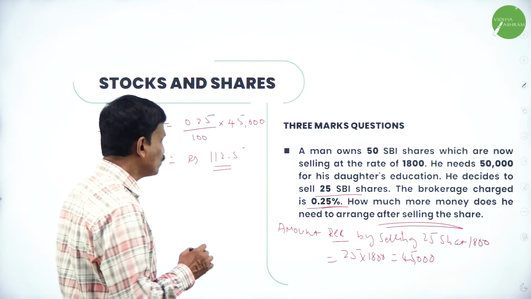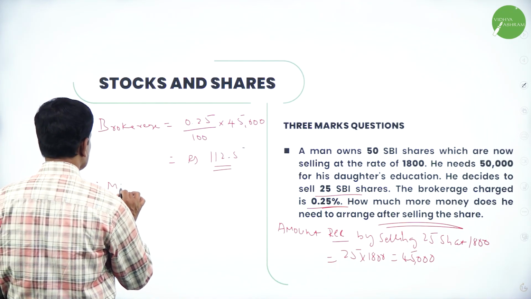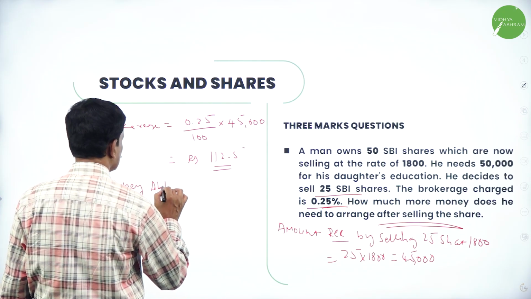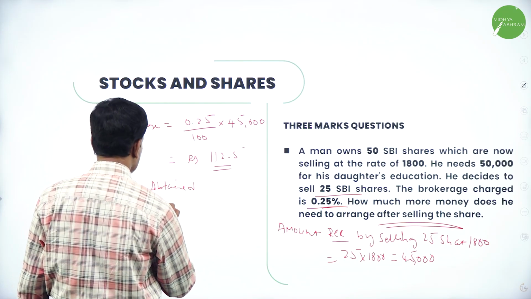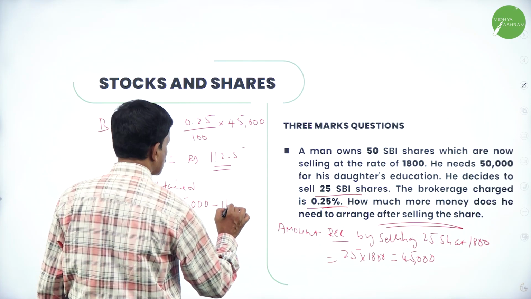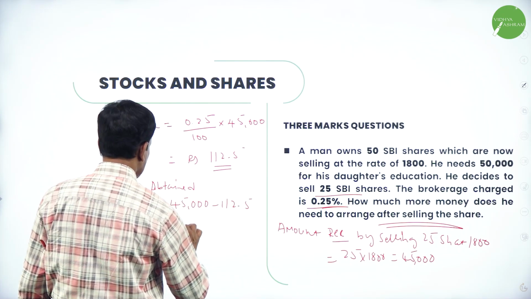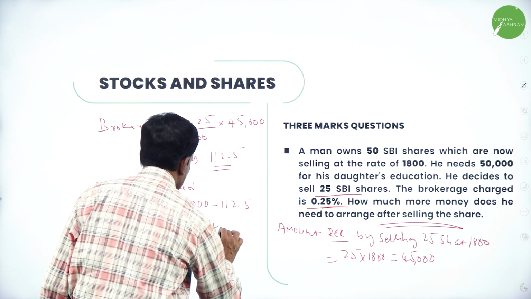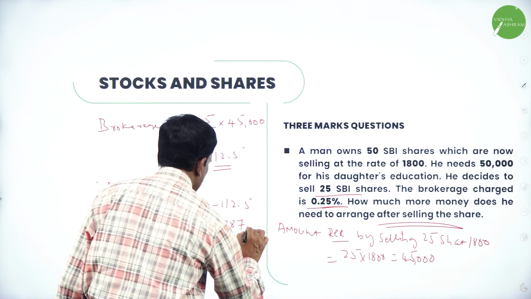So the money obtained is equal to 45,000 minus 112.5, that's equal to rupees 44,887.5.